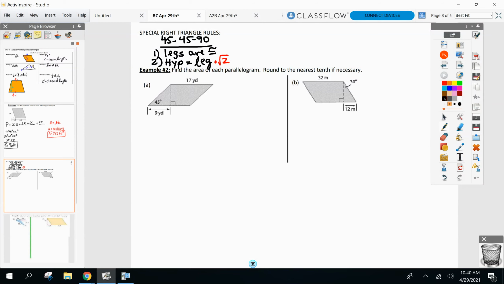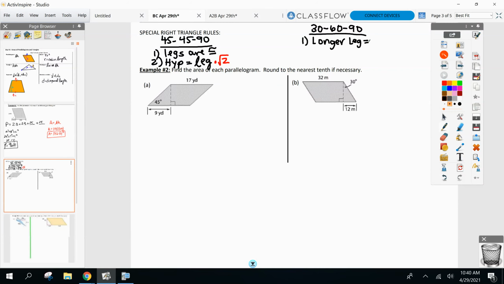And then you will see in part B, we're going to move our attention to the 30-60-90 now. Now the legs aren't equal. The side across from 30 we call the shorter leg because it's across from the smaller angle. So now, how would I find the longer leg? That would be the side across from 60.